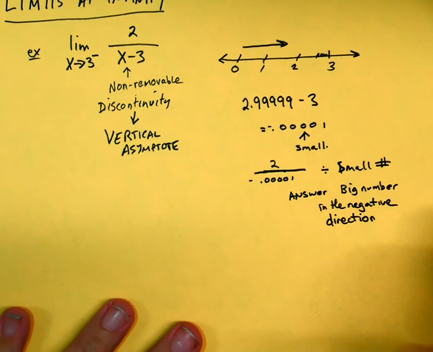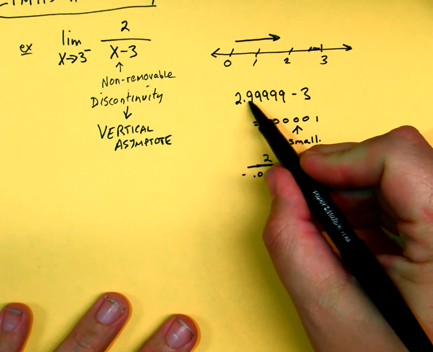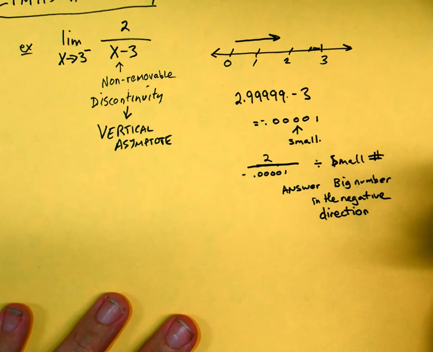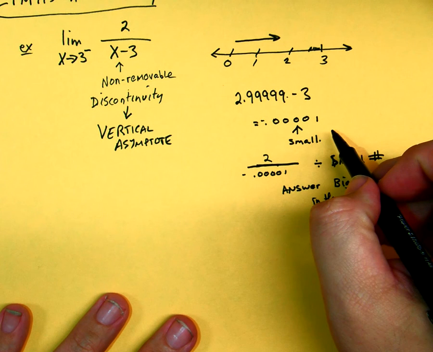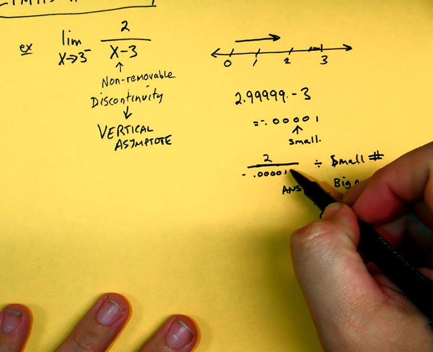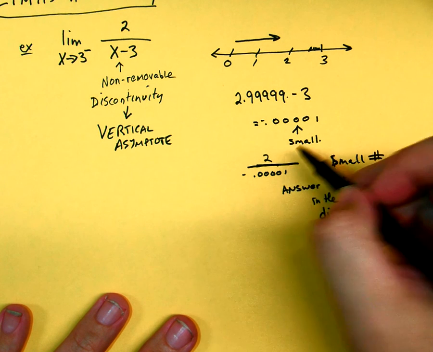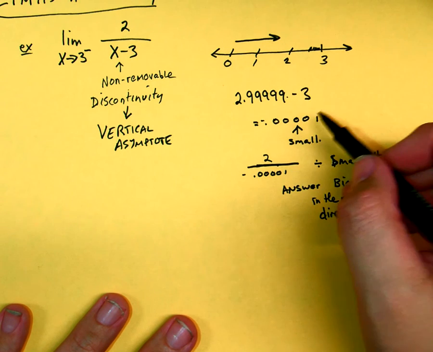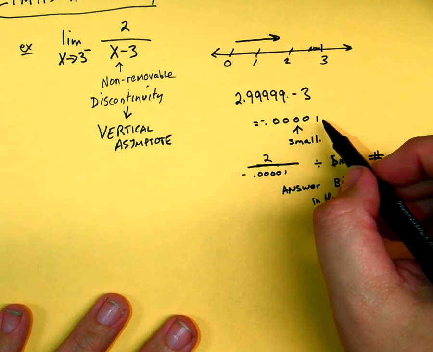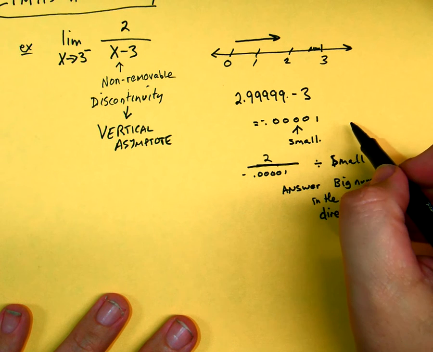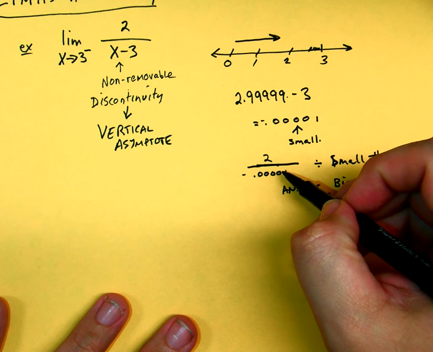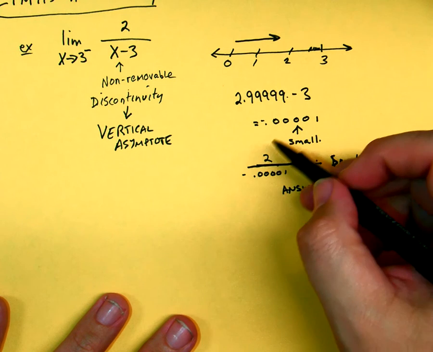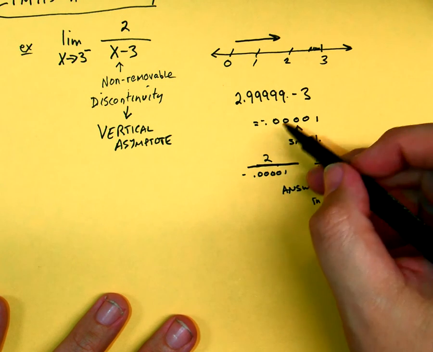If I were to say 2.999999, it'd be even smaller, which means if we divide by an even smaller number, we'd get an even bigger number. So we can make this number get closer and closer to 3 by making the difference smaller and smaller. Then by dividing by that smaller number, we're getting a bigger negative number. So it's becoming more and more negative.